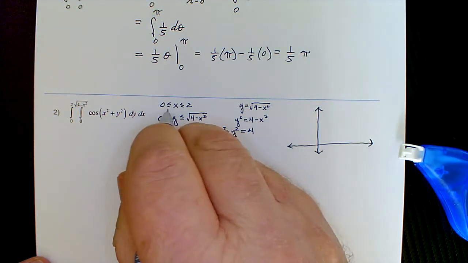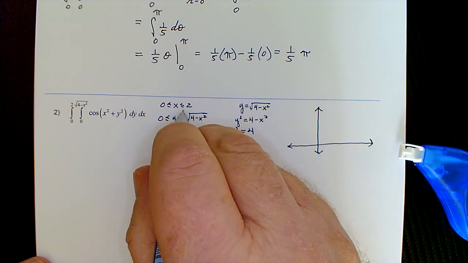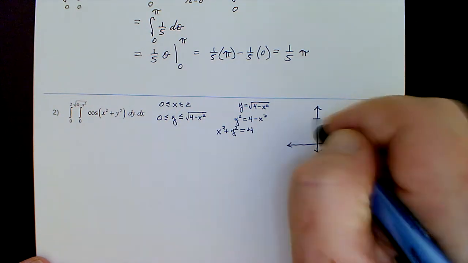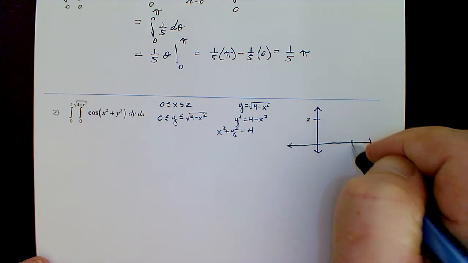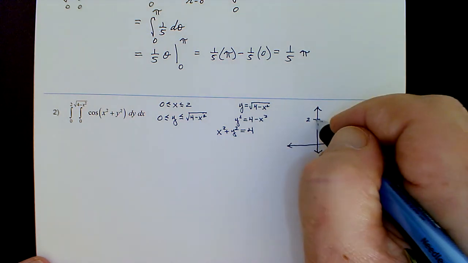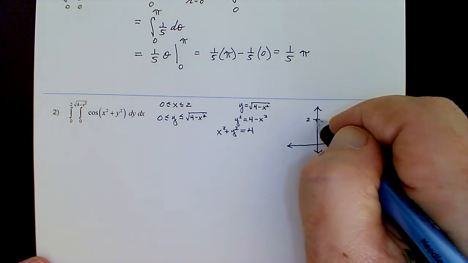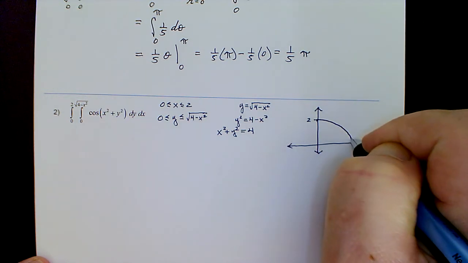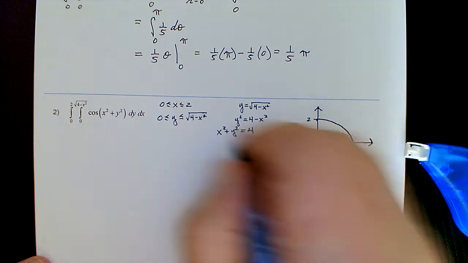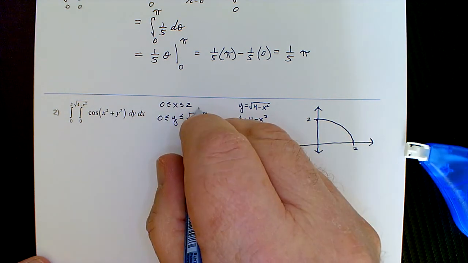But also note that x is only ranging from 0 to 2. So with these vertical strips, let's draw 2 and 2 here, there's no reason to go into the second quadrant, because it's just this part of a circle. Because x, if you went with the vertical strips here, x is only going from 0 to 2.